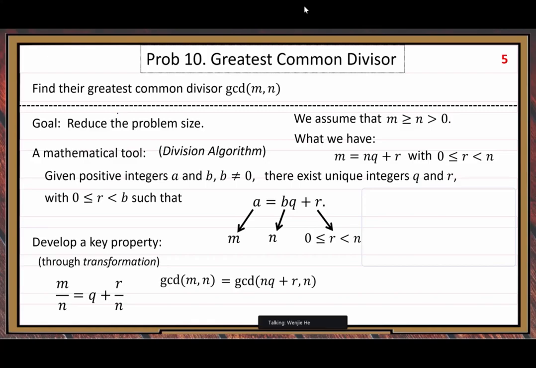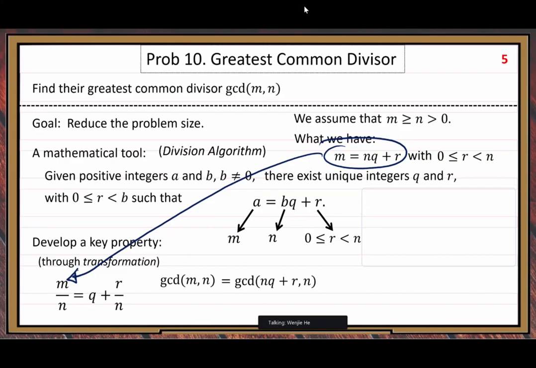Then we apply the division algorithm, right? So division algorithm here. Replace little m by nq plus r, and after simplification, we have the integer part little q plus the fractional part little r over n. It's simple.